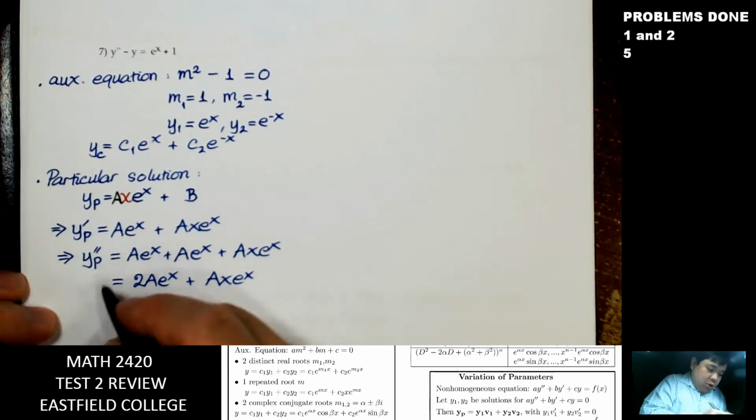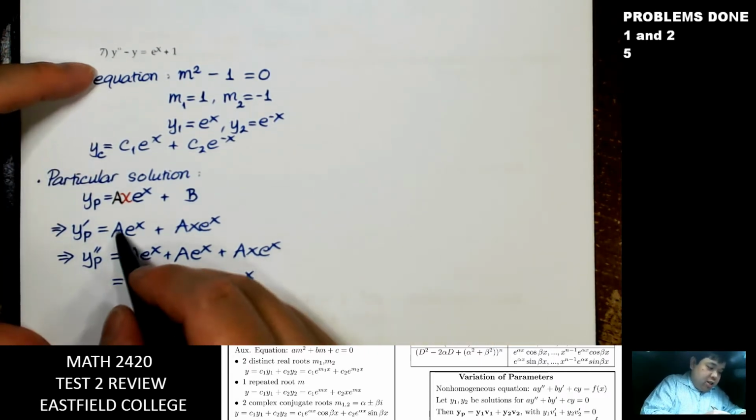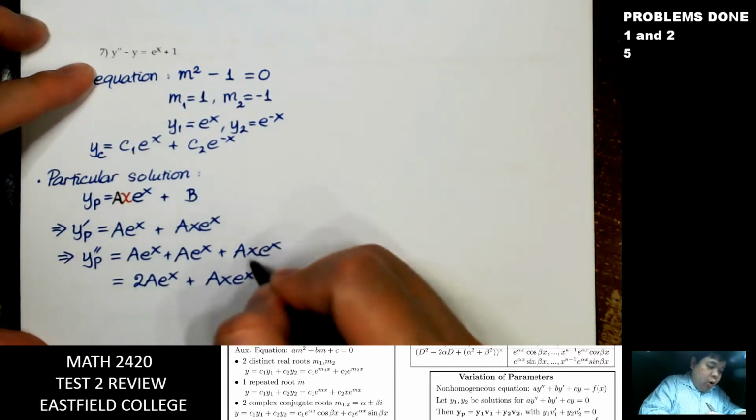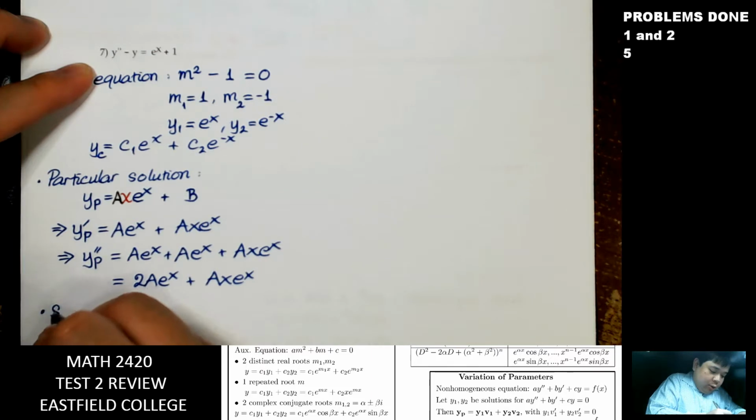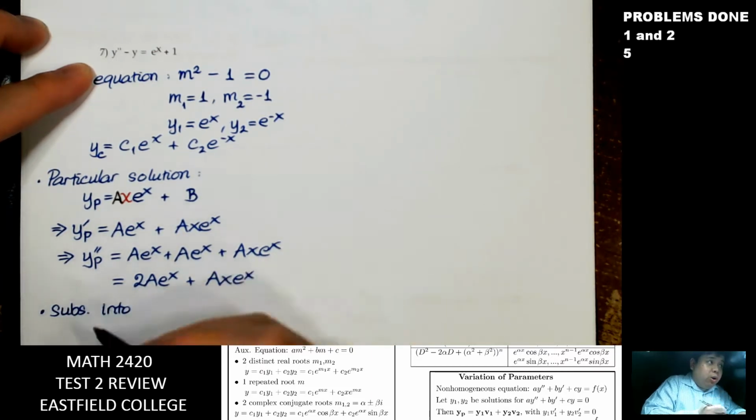Right. So that is the second derivative. This is the function. Now we substitute all of this back into the original equation.